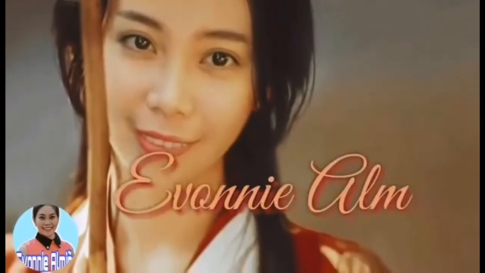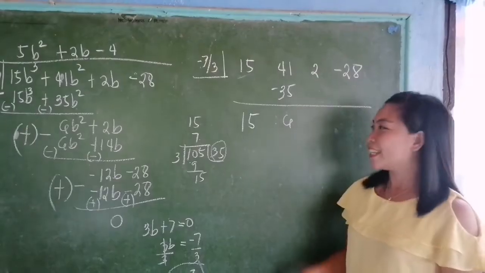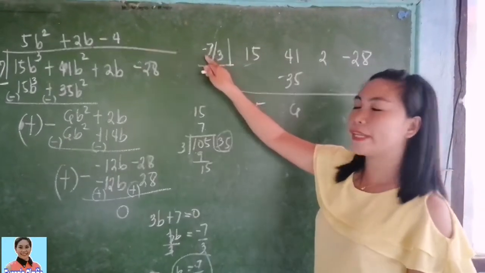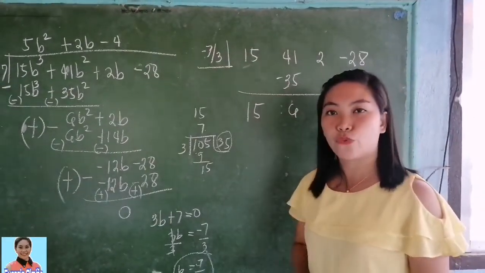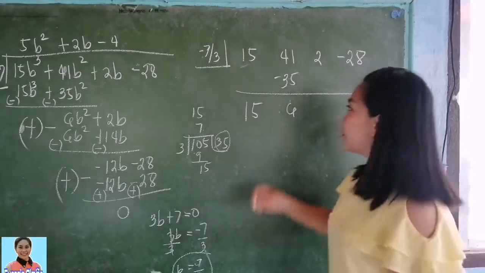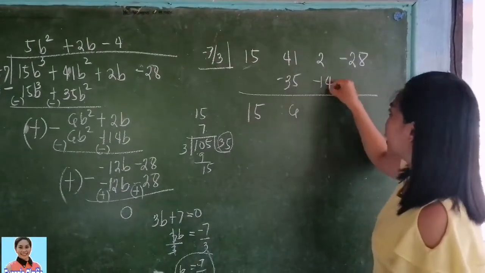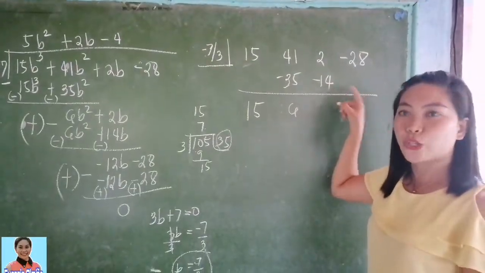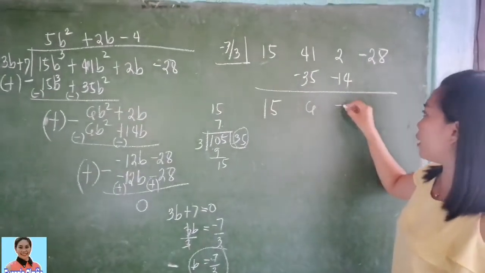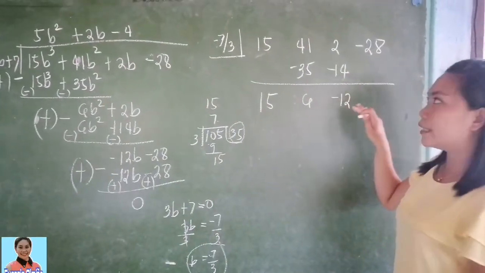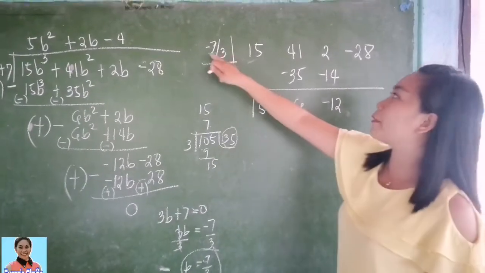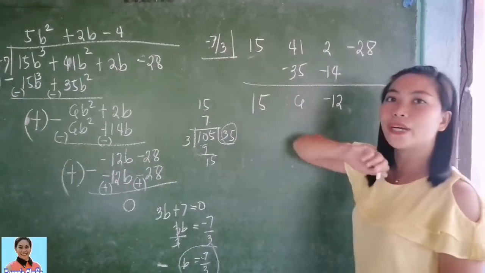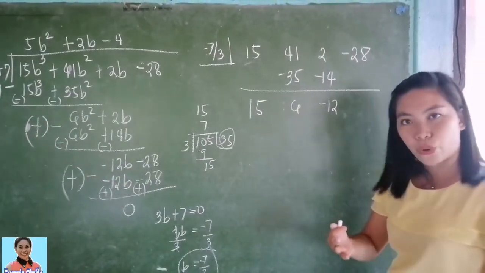So, we have 6 multiplied by negative 7, we have negative 42. Divided by 3, you have negative 14. Now, unlike sign, so we have to subtract. So, 2 minus 14, you have negative 12. Negative 12 multiplied by negative 7, you have negative 84.